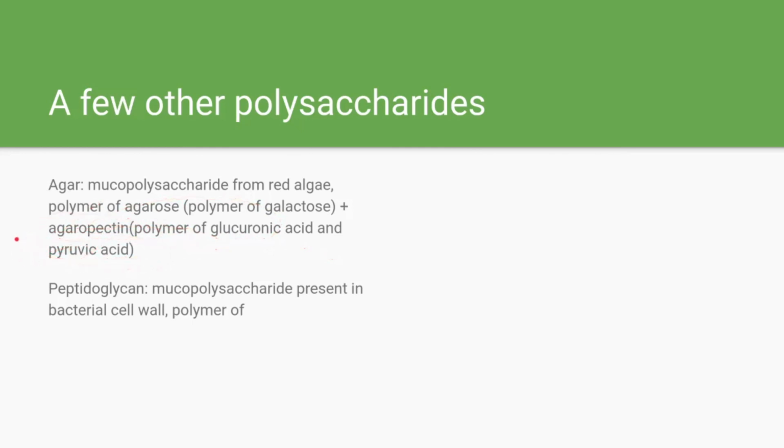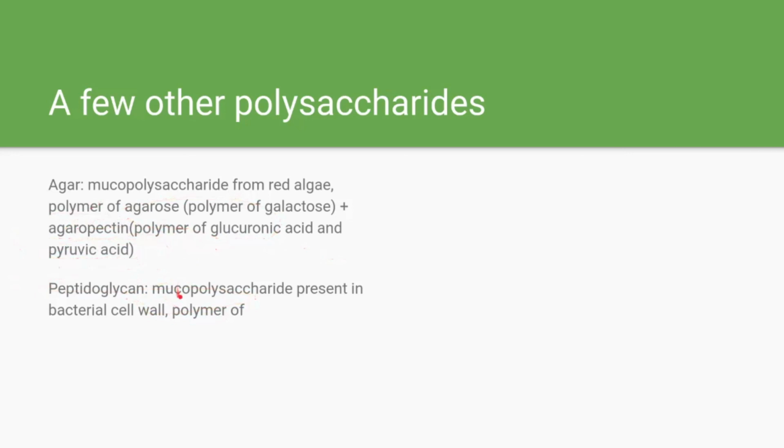It's a fact of biochemistry that one molecule can be used in more than one process. You can find it in more than one place. And then you have peptidoglycan. Oh, I didn't finish it here.